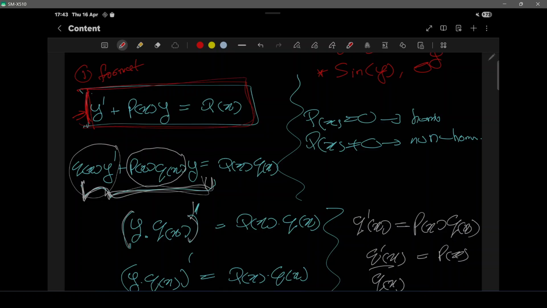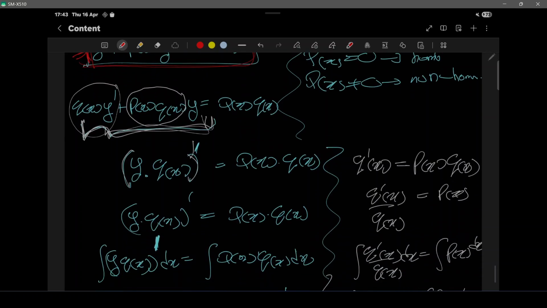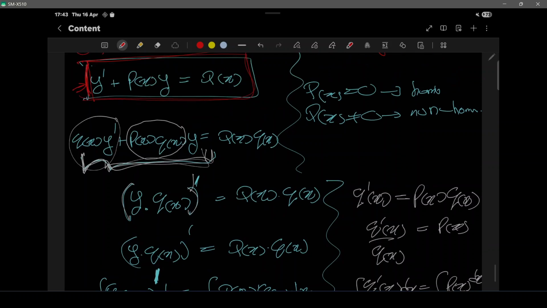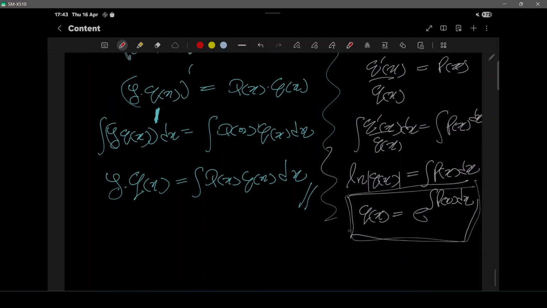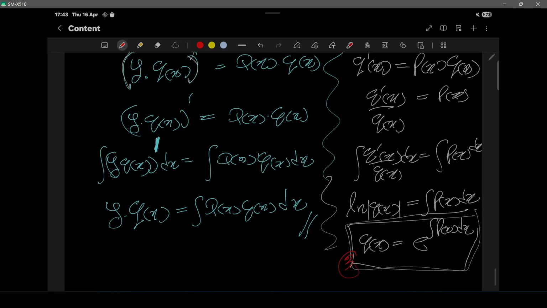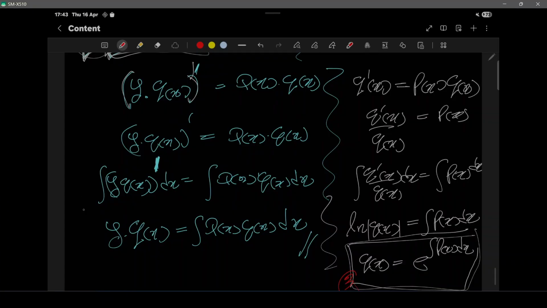Then you multiply the whole equation by the integrating factor, so you should find the integrating factor. Then you solve the equation, which means you integrate both sides with respect to the same variable.